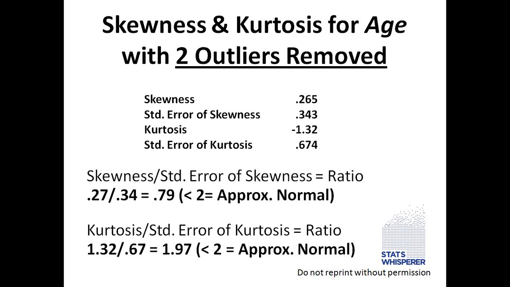And then the kurtosis, which was over 6.0, right? It's very non-normal, is now 1.32 divided by 0.67, which is actually a little less than 2.0. So by removing those two outliers, the distribution becomes normal, right? And now we meet that assumption. So it's quite a bit of work, but you know, it's doable and it's the right thing to do.